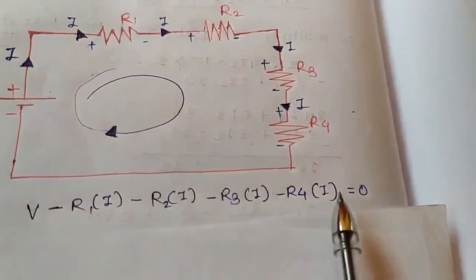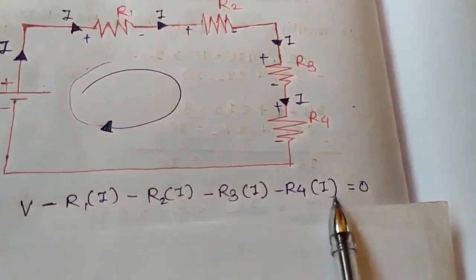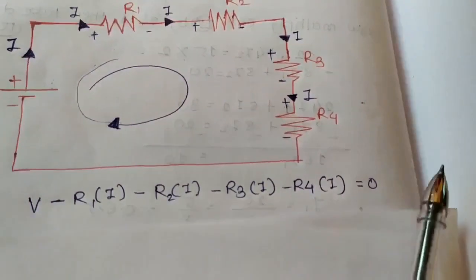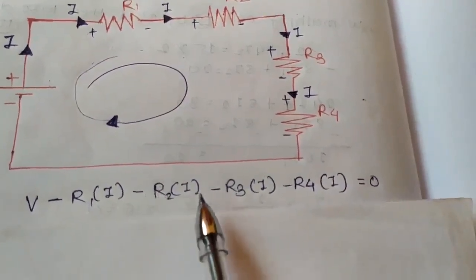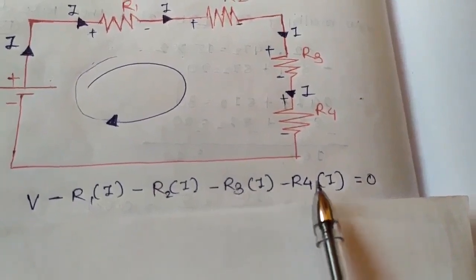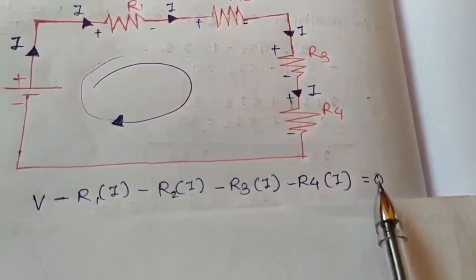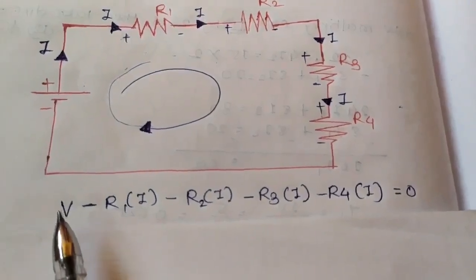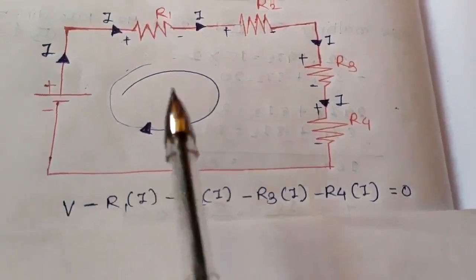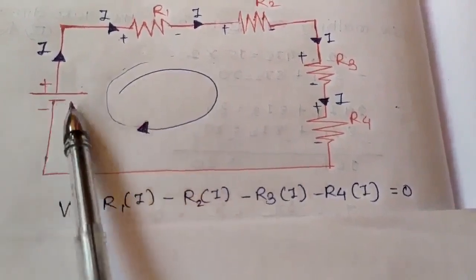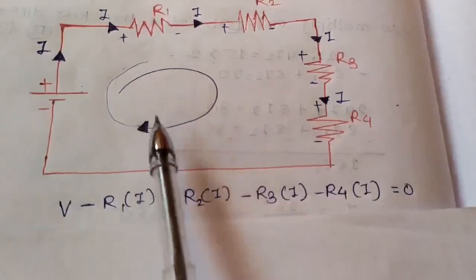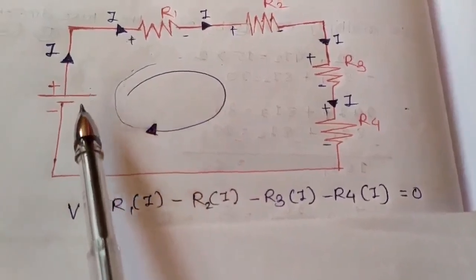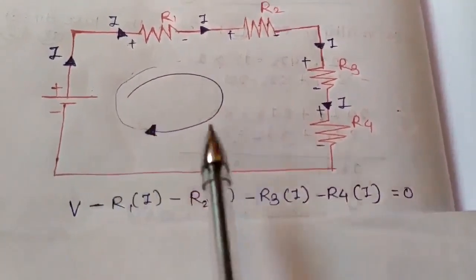According to Kirchhoff's law, we get this equation: V minus R1 into I minus R2 into I minus R3 into I minus R4 into I is equal to 0. We take V in plus sign because on a cell the loop direction is going from lower potential to higher potential.